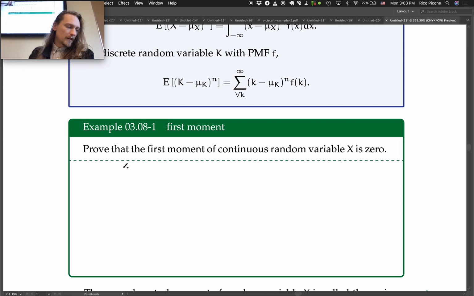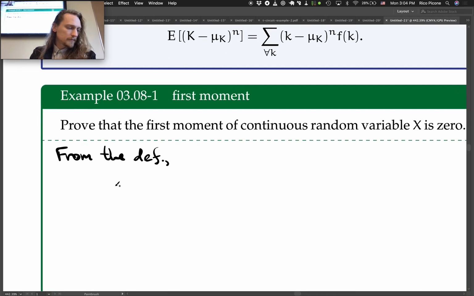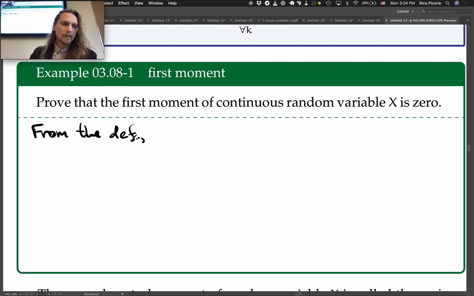So, from the definition of the first moment, we know that the expected value of x minus mu x, or the mean of x, raised to the first power, which is the first central moment of x, gives us the integral from negative to positive infinity of (x minus m x) to the first power times f of x dx.